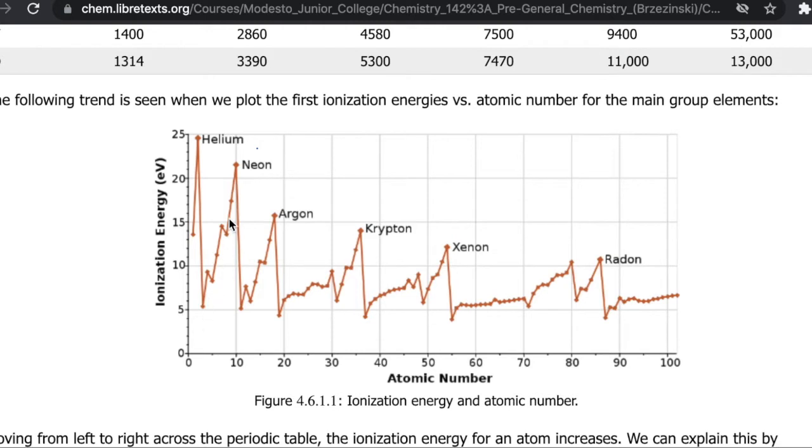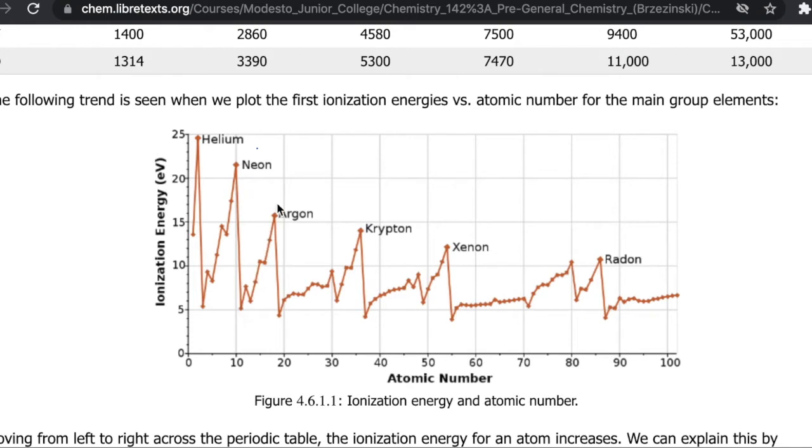However, going across the periodic table from, let's say, like we did before, from sodium going across to argon, these elements are getting smaller. The atoms are getting smaller, as we talked about in the previous section, that they're filling up the 3 shell, and the protons are getting more and more numerous in the nucleus.